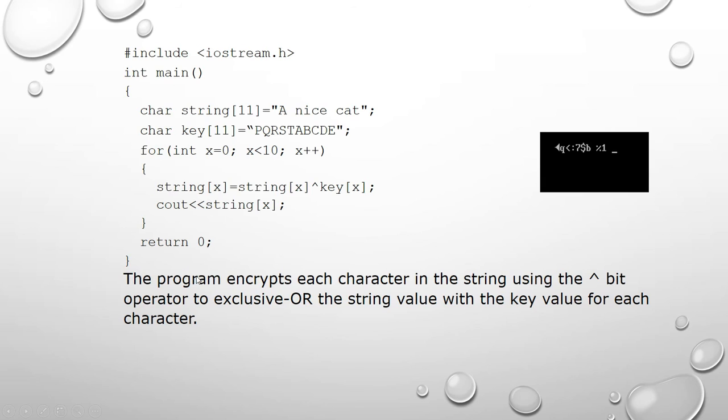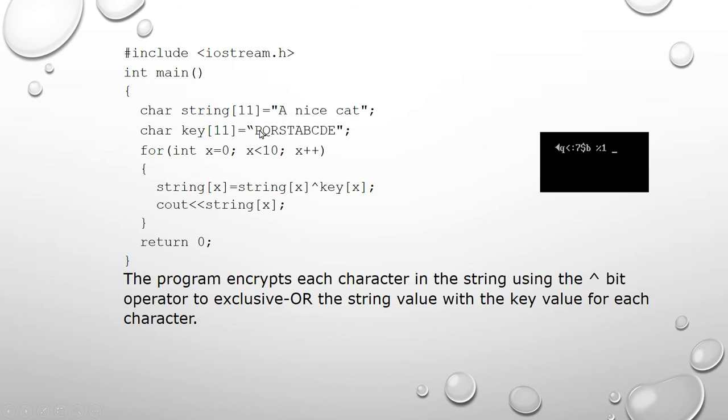Okay, so the program encrypts each character in the string using the caret bit operator, which should be pronounced as exclusive OR, the string value with the key value for each character. Okay, so it will convert using the key value for each character, because the key value is assigned in the key array and your string is having the actual data, and each and every time it should manipulate one character at a time.